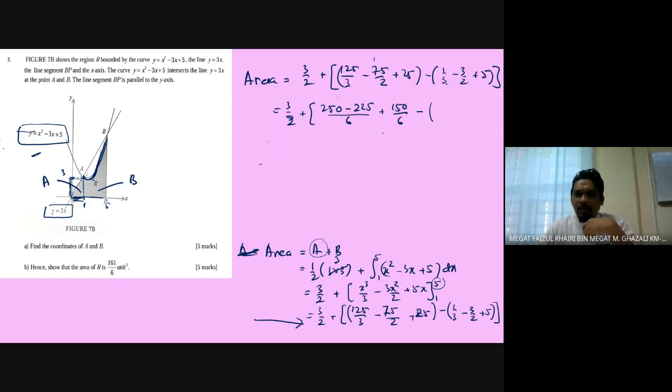Minus, make it 6 here. 3 times 2, 1 times 2, and then 3 times 3 is 9, 5 times 6 equal to 30. So 3 over 2 plus 250 minus 225 plus 150.